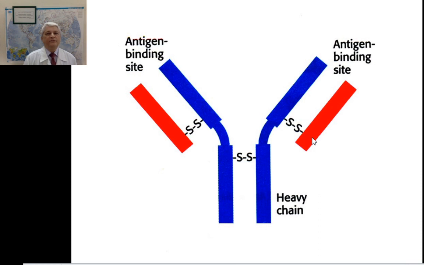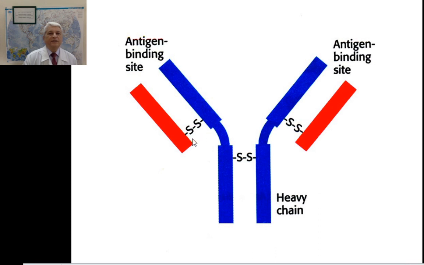Second question. What is shown by blue color? I think you answered correctly. Blue color shows heavy chains. One heavy chain, second heavy chain. This thinner part of the heavy chain shows the hinge region, the flexible part. What is SS? This is understandable.